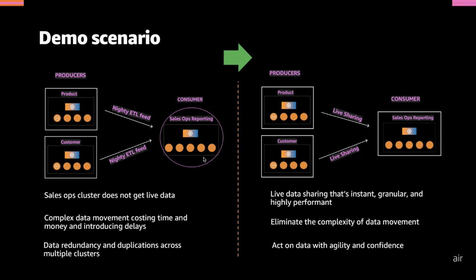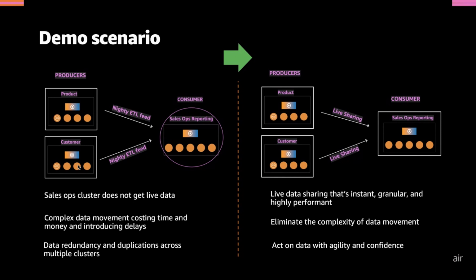So the sharing scenario is the sales cluster often needs data from the product and customer clusters. They want to ask questions like, what are the top three products that our customers are buying in a particular region? Or they want to ask things like, do we want to offer some special discounts to our loyal customers?